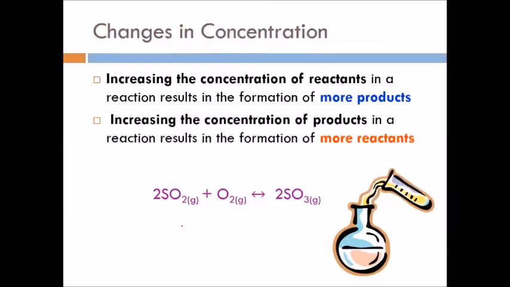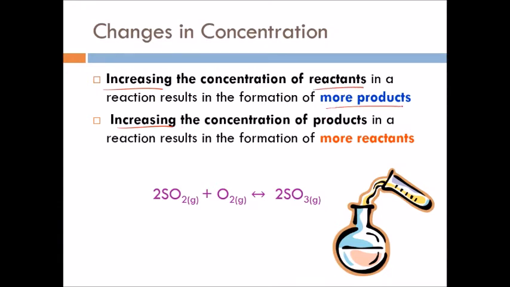All right, so here, looking at some changes. If you're increasing concentrations, increasing concentrations of reactants produces more products. So increase this, it's going to shift to the right and produce more product. I'm adding to the left side, it's going to proceed to the right side. Same thing if I'm adding to the products.